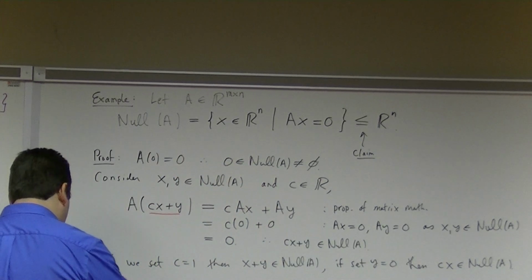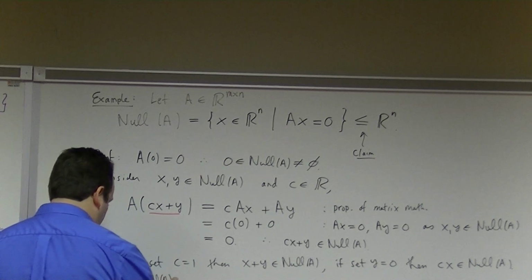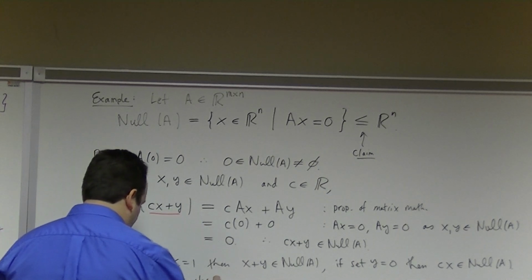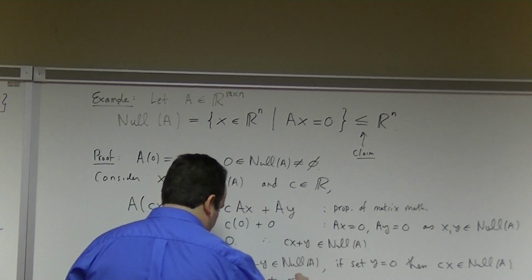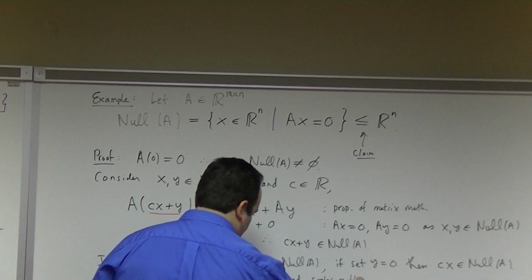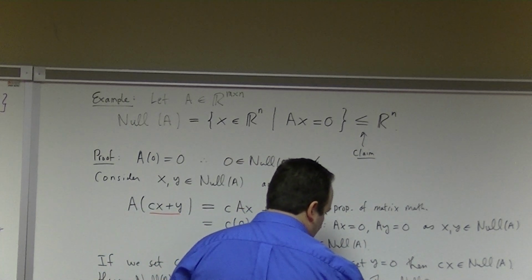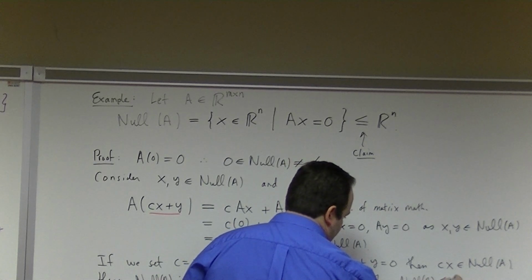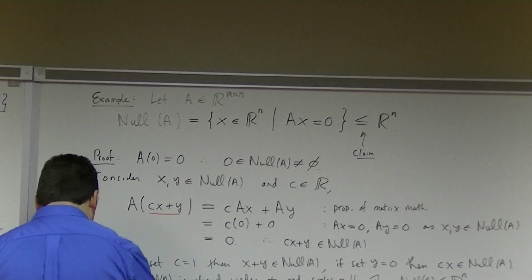Hence, the null space of A is closed under addition and scalar multiplication. Thus, the null space of A is a subspace of R^n by the subspace theorem.